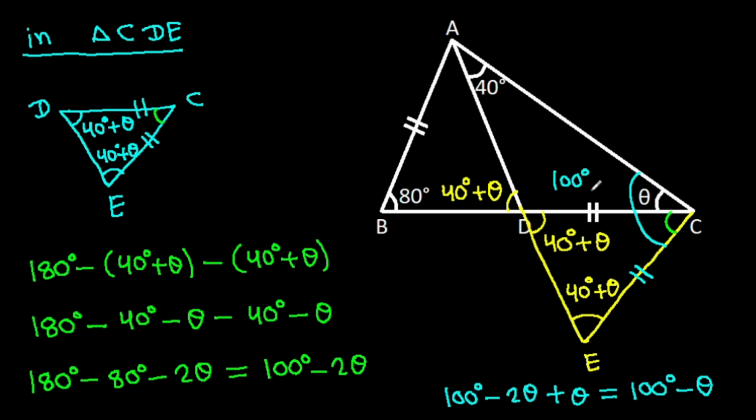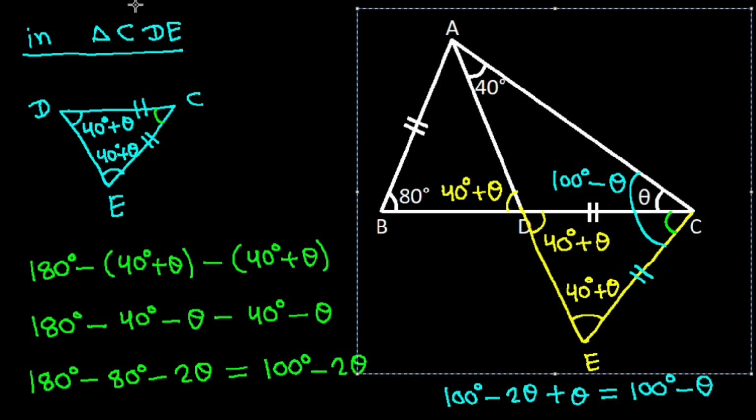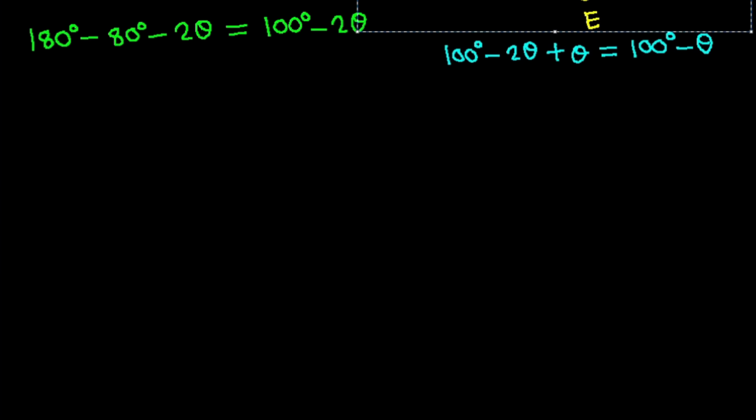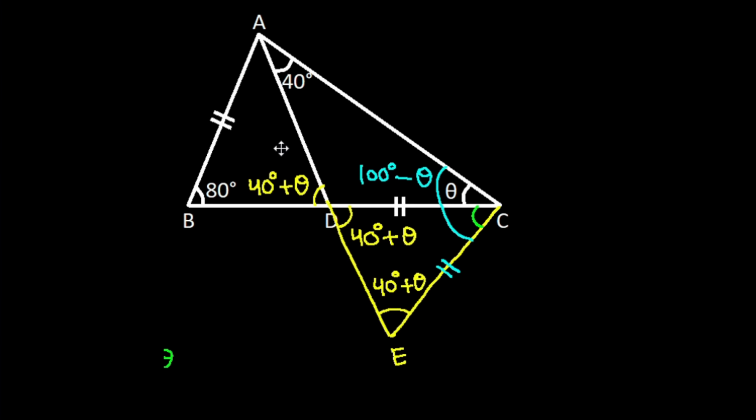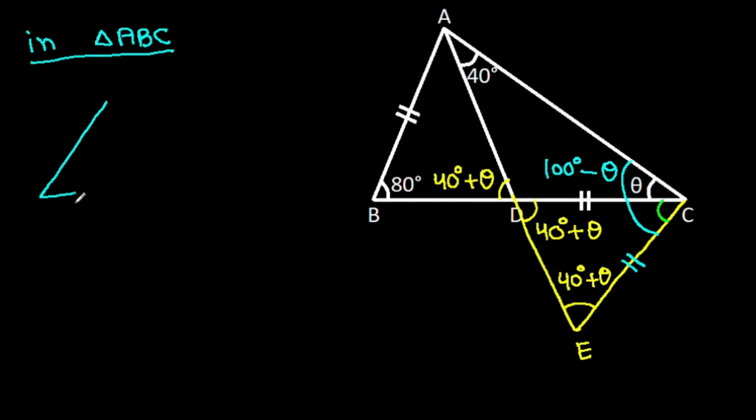And now in triangle ABC, this angle is 80 degrees.